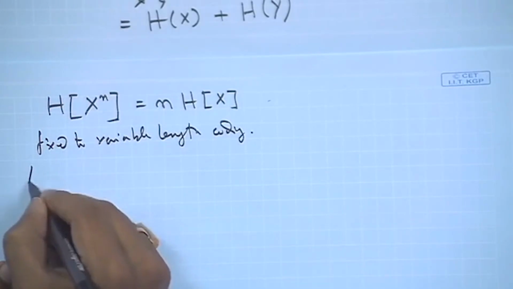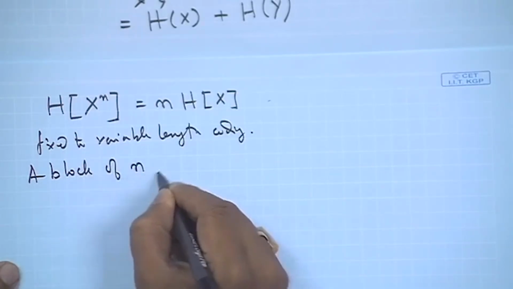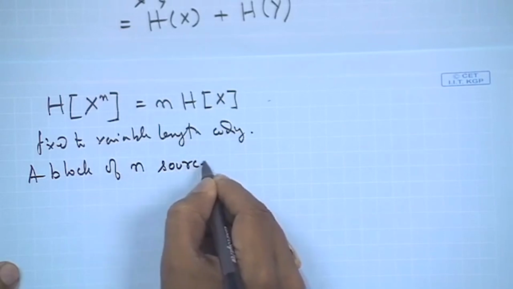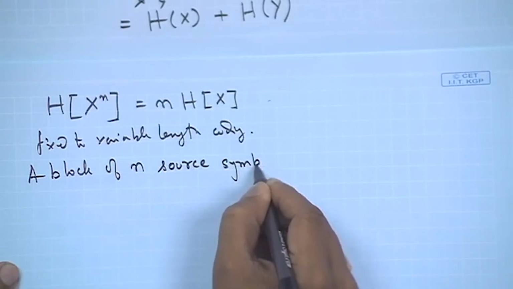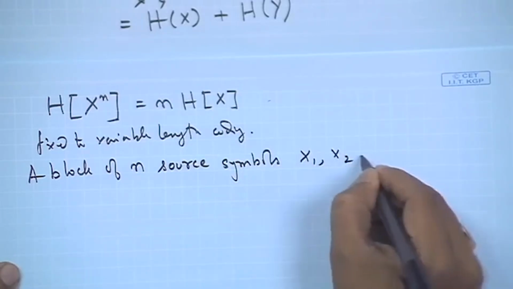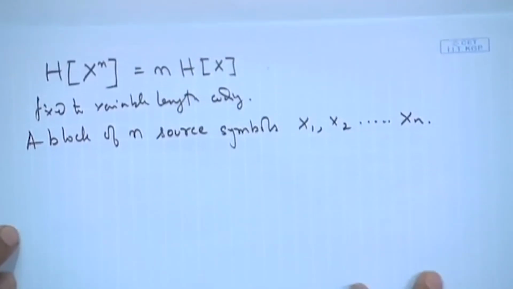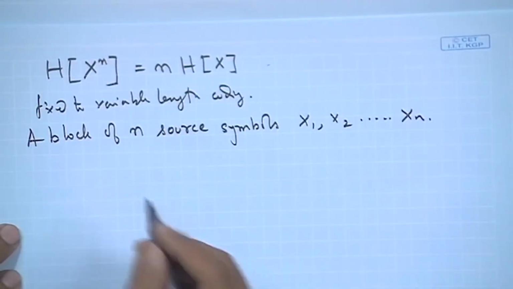So, what we have is a block of n source symbols X1, X2 up to Xn.